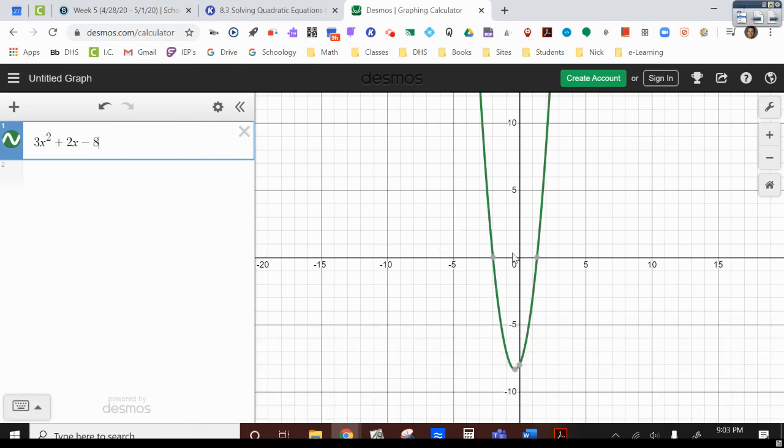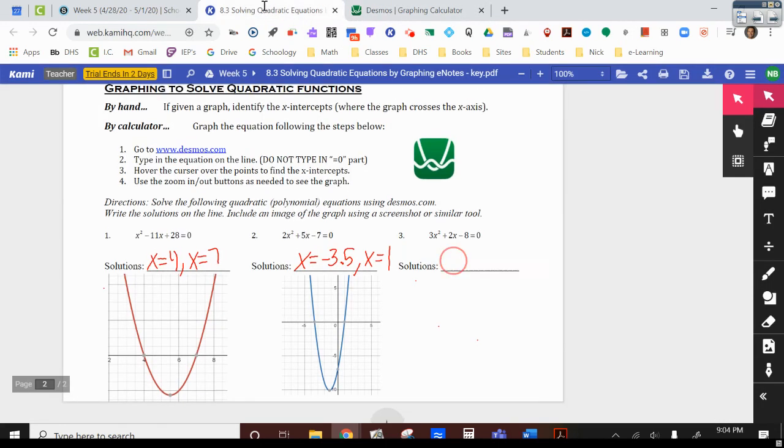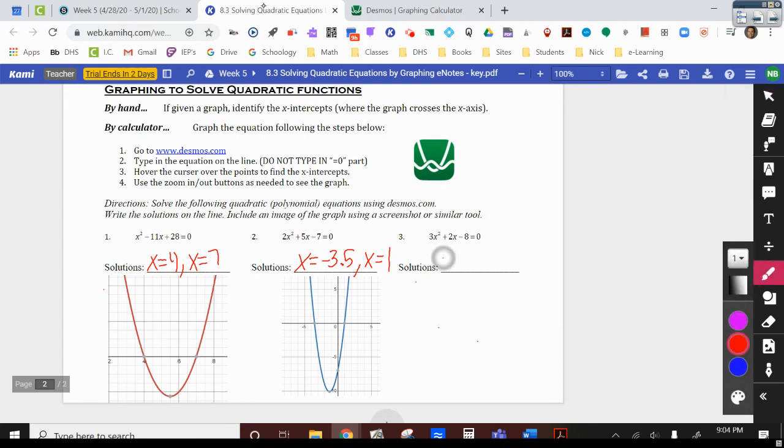Again, I'm going to hover the mouse over and find my x-intercepts. It looks like it's at negative 2 and positive 1.333. Those are my two solutions: x equals -2 and x equals 1.33.